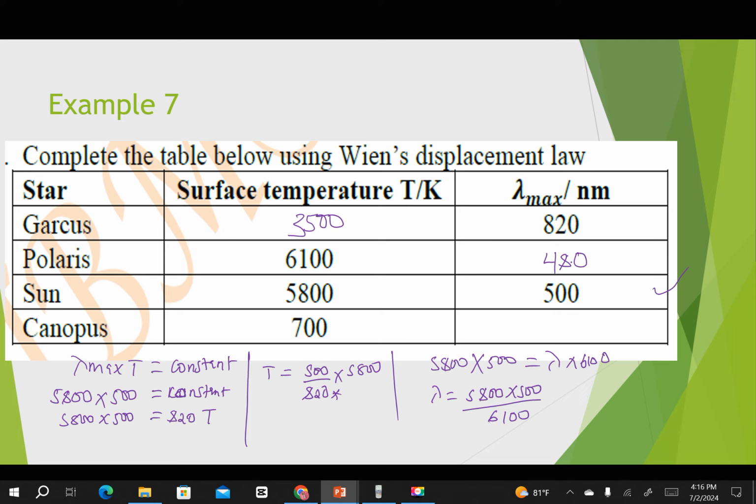Then the last one, I will just change the temperature from 6,100 to 700.